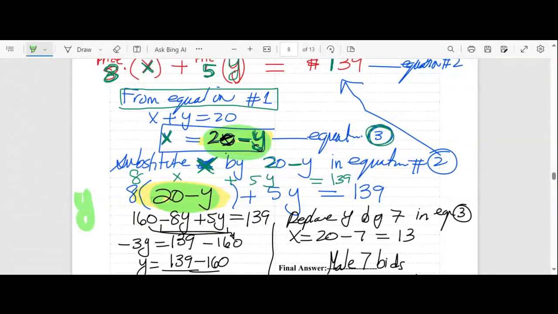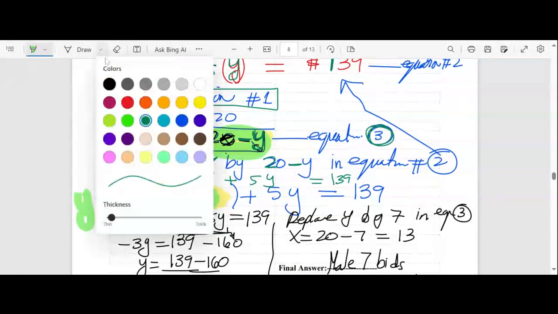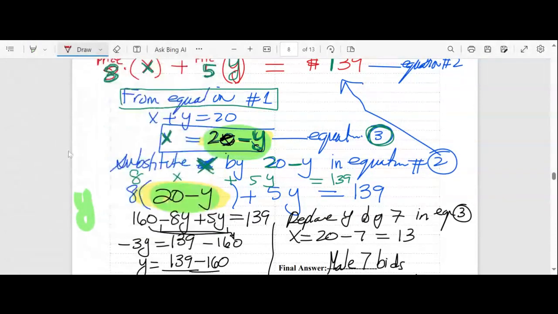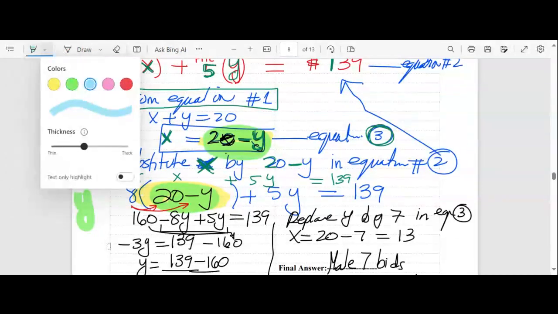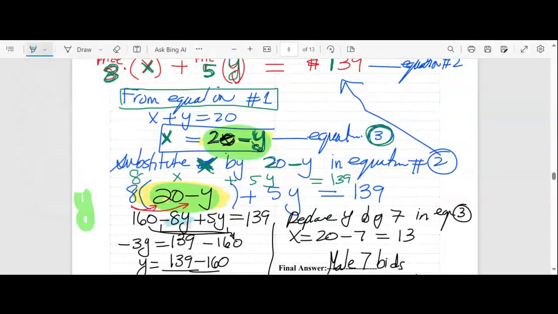You have to distribute first. We distribute the 8 to get 160 minus 8Y. Then combine like terms: negative 8Y, positive 5Y, correct? You combine them and it gives you minus 3Y. And then move 160 to the other side.